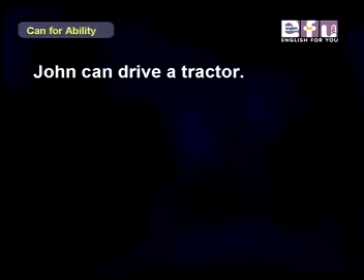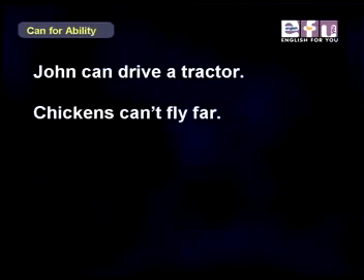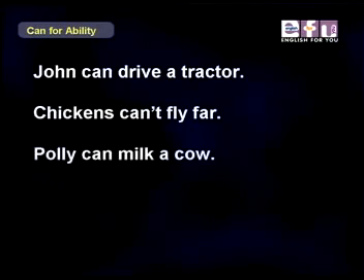Can for ability. Let's begin with a review of can for ability. So let's look at some of these sentences on the screen, the TV screen. John can drive a tractor. Chickens can't fly far. Polly can milk a cow.